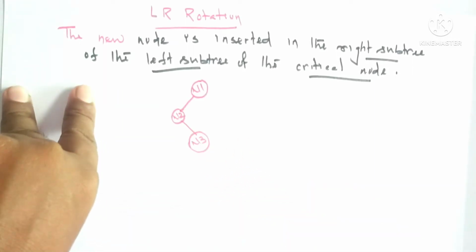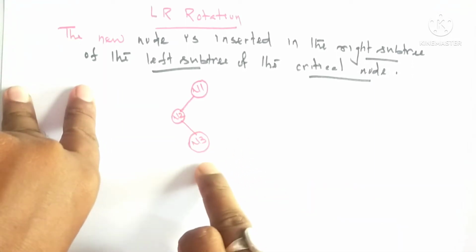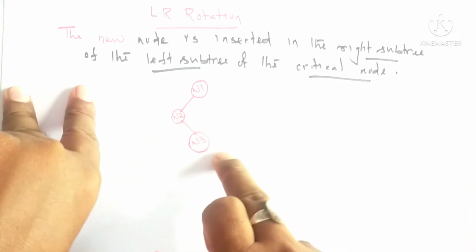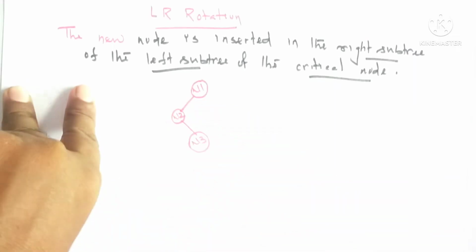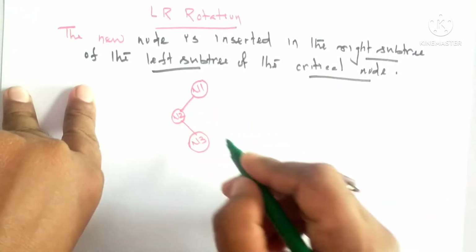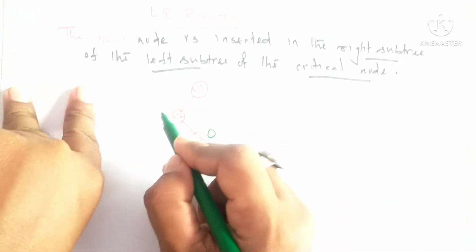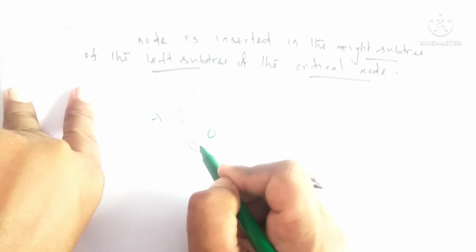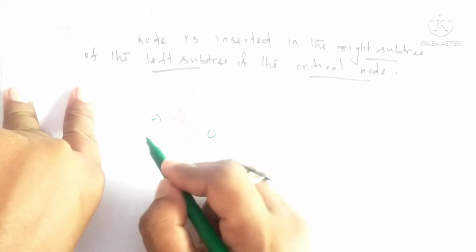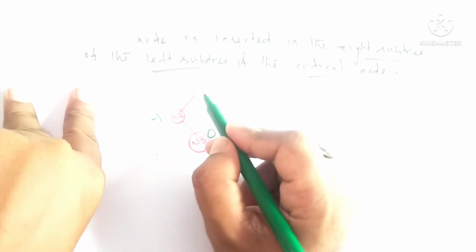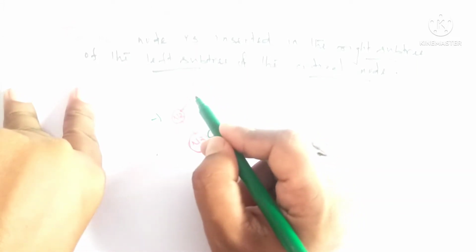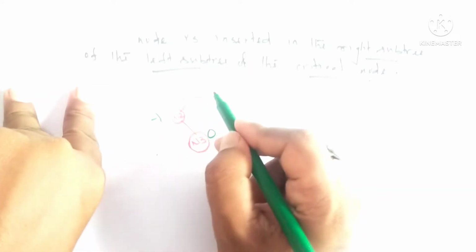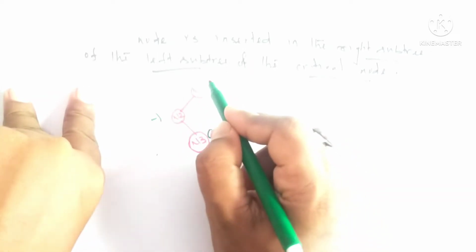Now just imagine that your new node is inserted on the right subtree of the left subtree of the critical node. So N1 is the critical node because, what is the balance factor of N3? 0. What is the balance factor of N2? The left subtree is 0 and the height of the right subtree is 1. So 0 minus 1 is -1. And what is the balance factor of N1? Your left subtree height is 2, the right subtree is nothing, 0, 2 minus 0, that is 2.